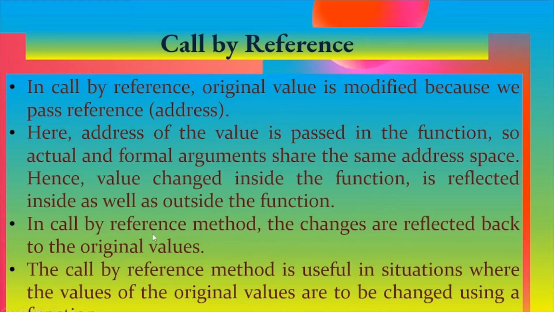That means in the call by reference method, the changes are reflected back to the original values, and this method can be useful in those situations where the original values are to be changed using the function.